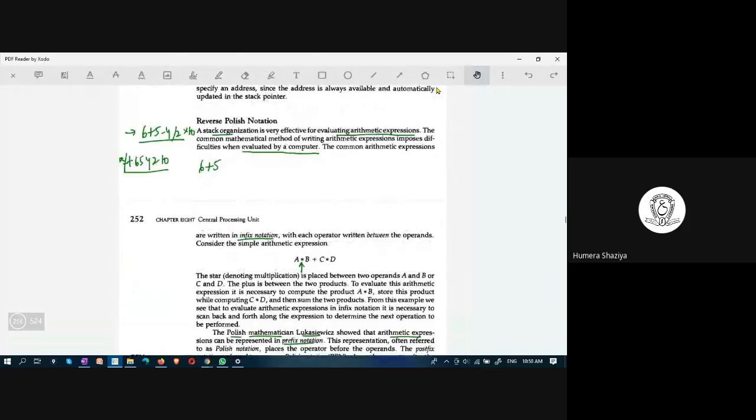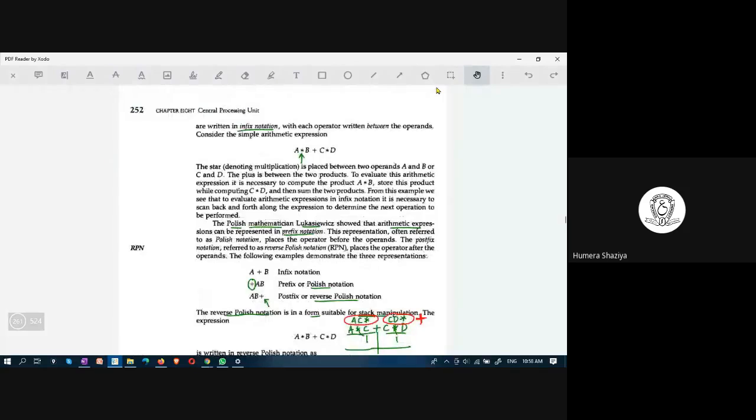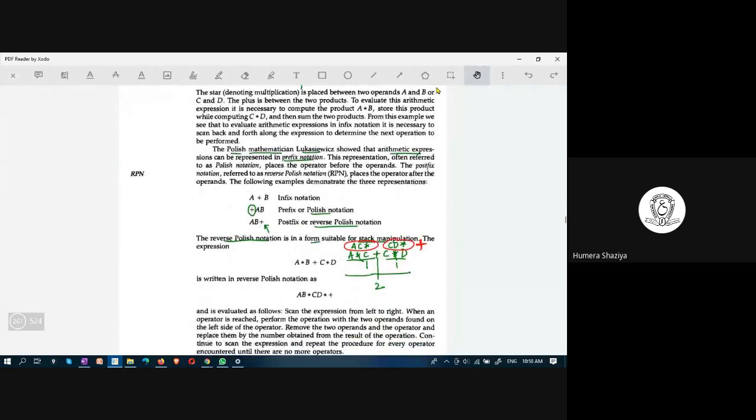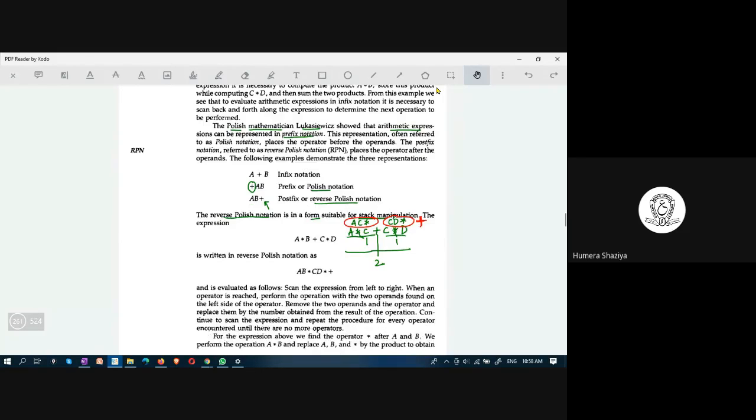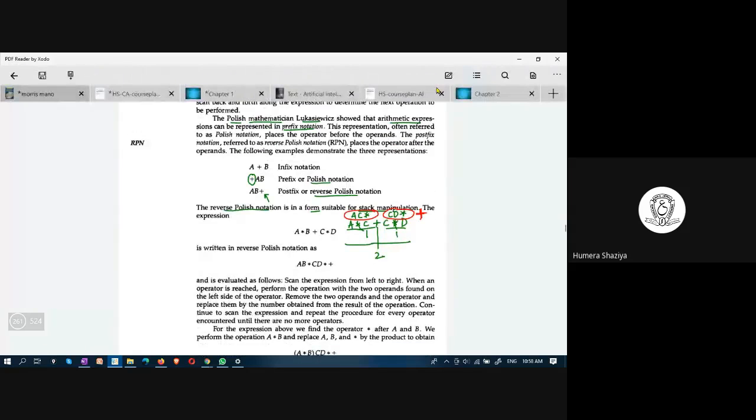A stack organization is effective for evaluating arithmetic expressions, and this is infix notation, and this one is prefix or Polish notation. Prefix is Polish notation, postfix is reverse Polish notation. All this you have to write in this question.